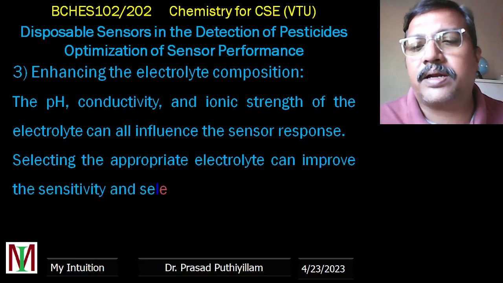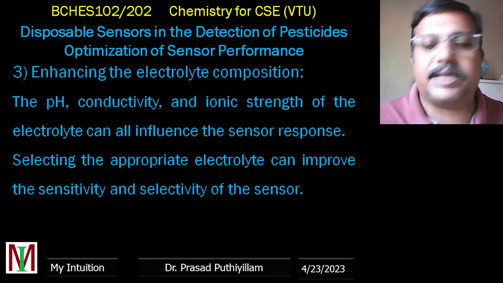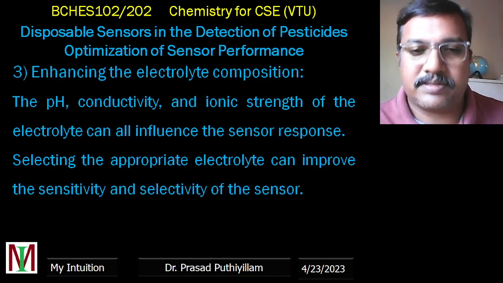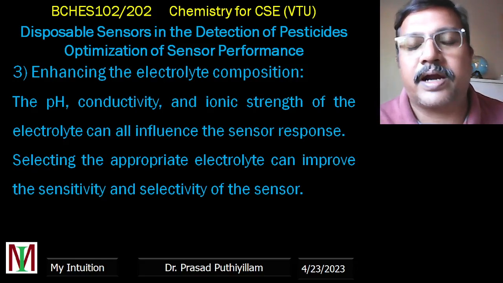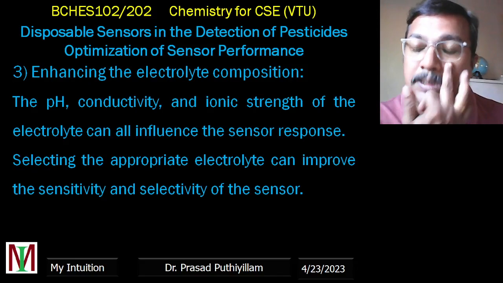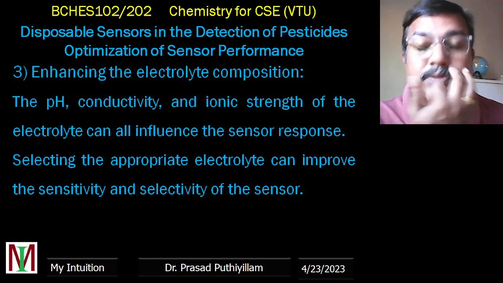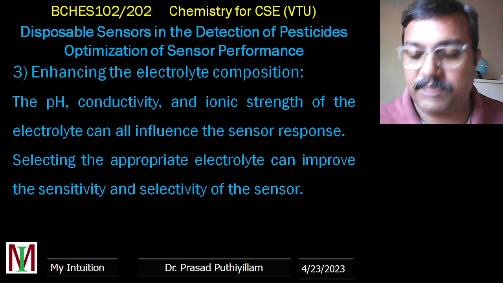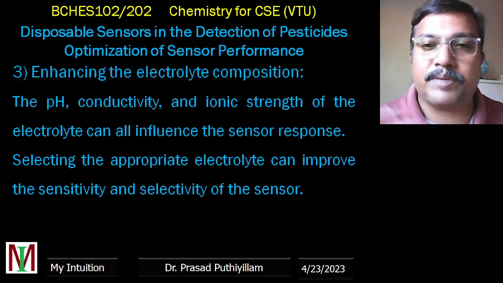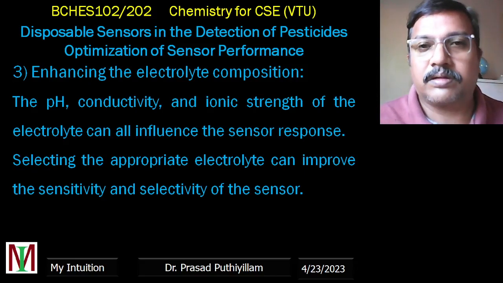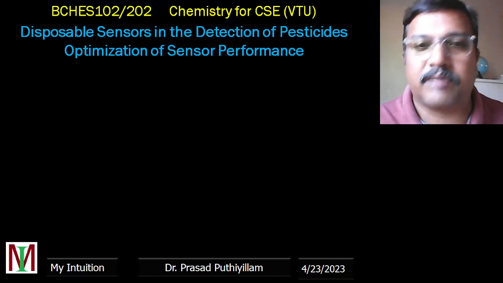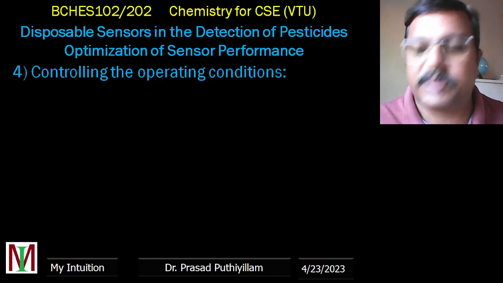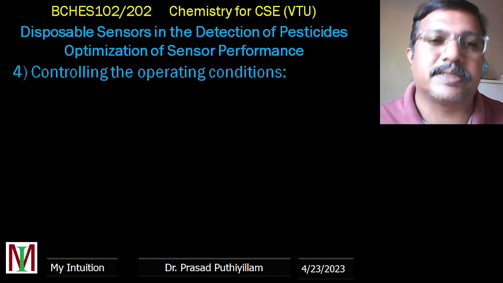Selecting the appropriate electrolyte can improve the sensitivity and selectivity of the sensor. That means we should have a chemistry idea regarding the medium that we are using, its pH, its conductivity, as well as the number of ions possibly present in it. The number of ions we calculate by using the normality concept. We can calculate how much ion concentration is present there.